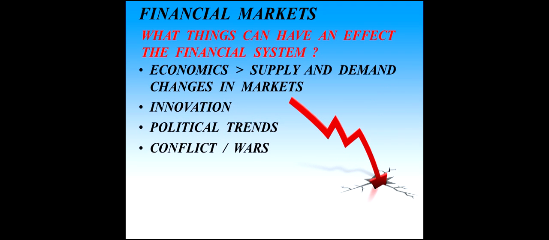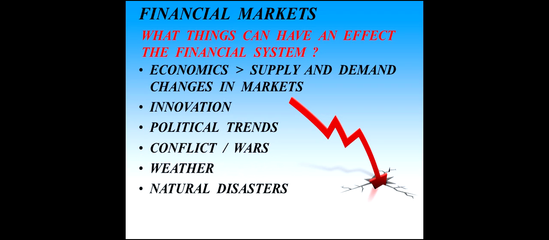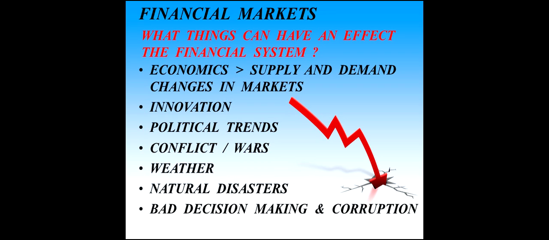Conflict and wars certainly have an effect on the financial system and markets by the destruction of resources and assets. Weather can have an effect, natural disasters like earthquakes. Even bad decision-making and corruption can have an adverse effect to the financial system, and I should probably extend that even further to say I've seen rumors even have a negative effect on the financial markets.